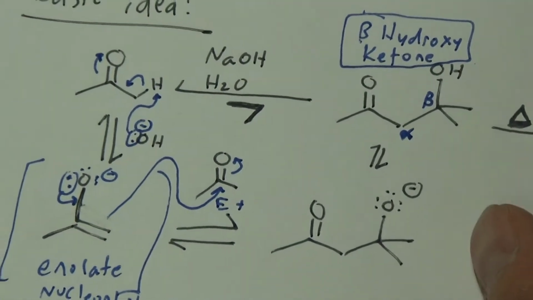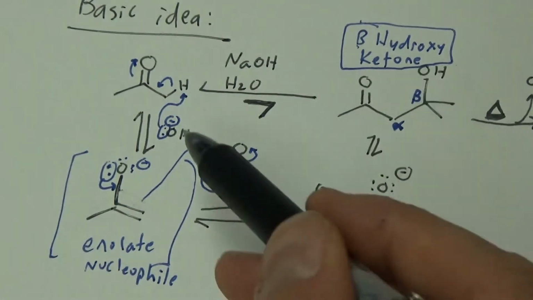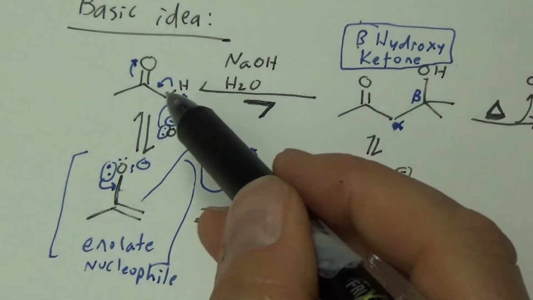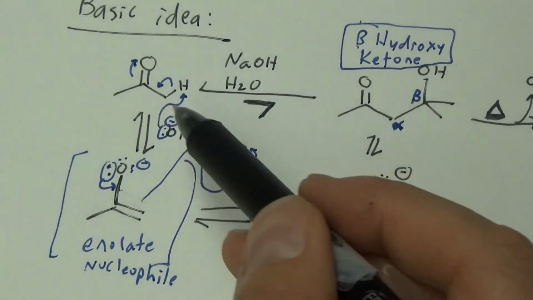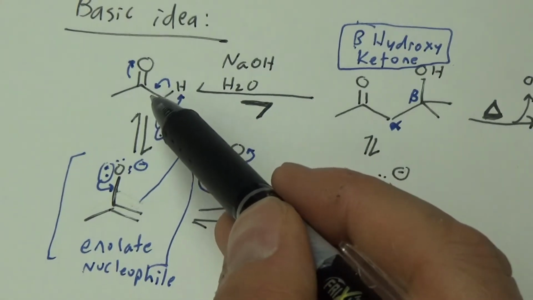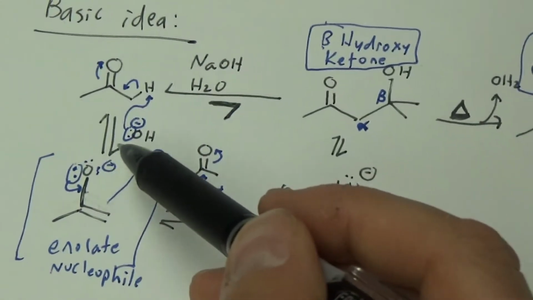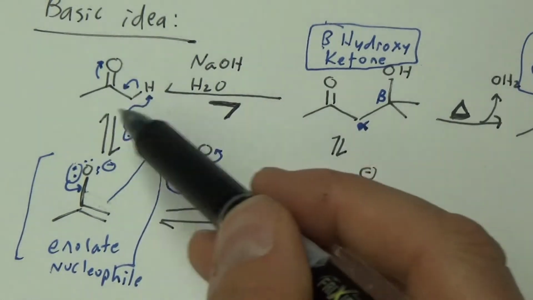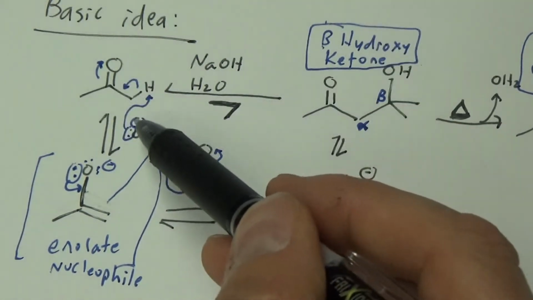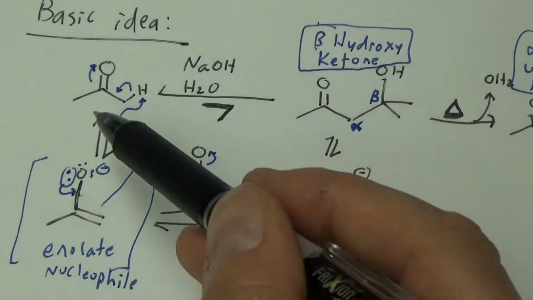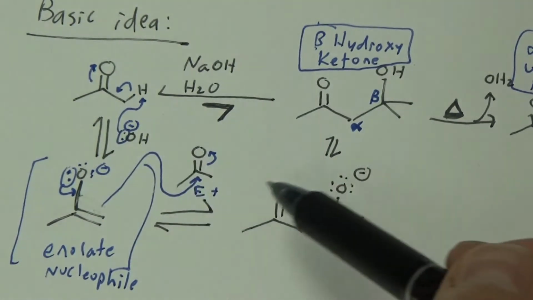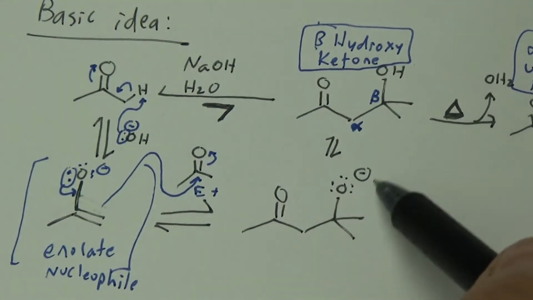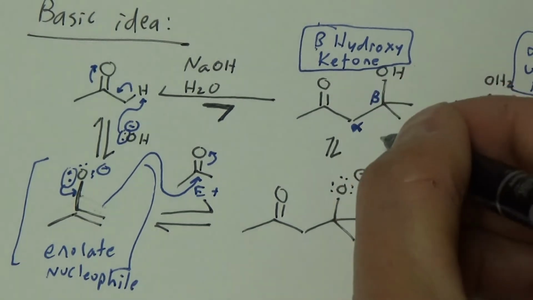What I'm trying to show is each step of this is in equilibrium, right? But the overall equilibrium is actually favored on the left. So it's a little surprising that this even works. We'll come back to that topic in a second. But mechanistically, it's reversible, reversible, reversible. How do we go from O minus to OH? And we have water around.